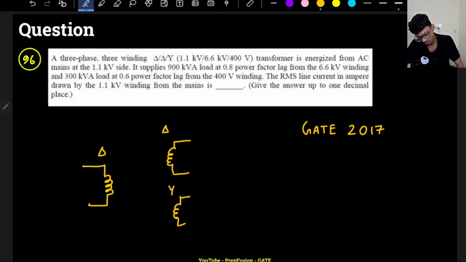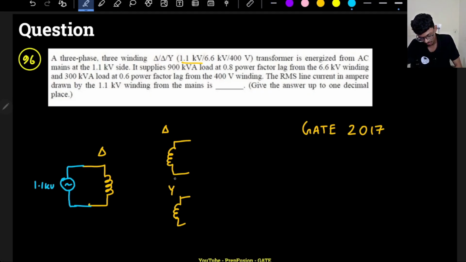So these are the three windings, and they are telling me the input side is 1.1 kilovolt. The input side is delta, and because it is written 1.1 kilovolt, they are talking about the delta side only. Of course here the line voltage and phase voltage are the same, so this value will be 1.1 kilovolt.